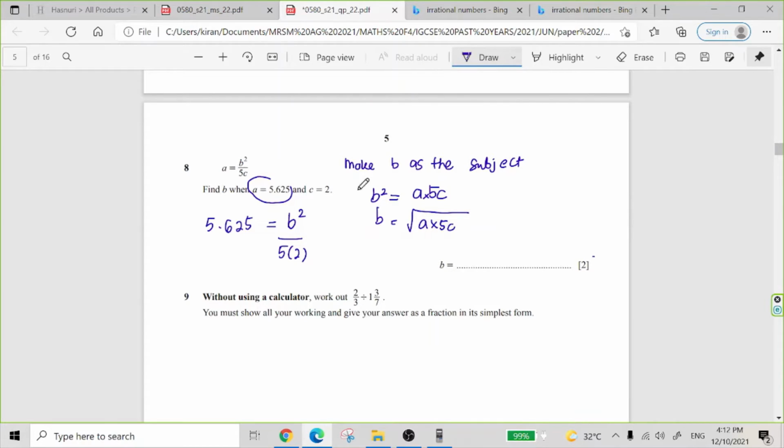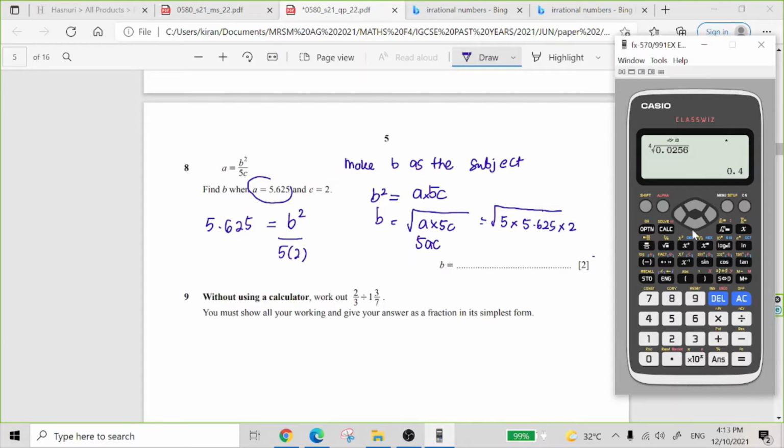Root of 5 kali dengan A, which is 5.625, and then kali dengan C, which is 2. Hati-hati guna calculator. Terus ambil root of 5 times 5.625 times 2. Letak kat tepi, at least lagi senang nak tekan enter. So the answer is 15/2 or equivalent.